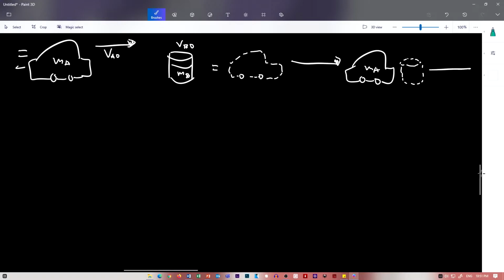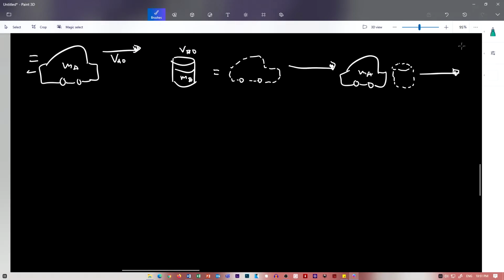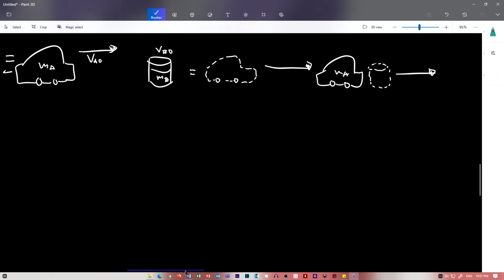Then of course it will be thrown away. So this is now the new location of your barrel, m sub b.